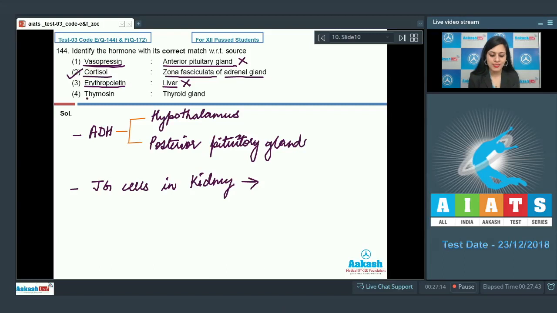The next option is thymosin with source thyroid gland, which is incorrect because thymosin is produced from the thymus gland and not the thyroid gland, and it is responsible for the differentiation of T lymphocytes. So the correct answer for this question is option number 2. Let's discuss our next question.